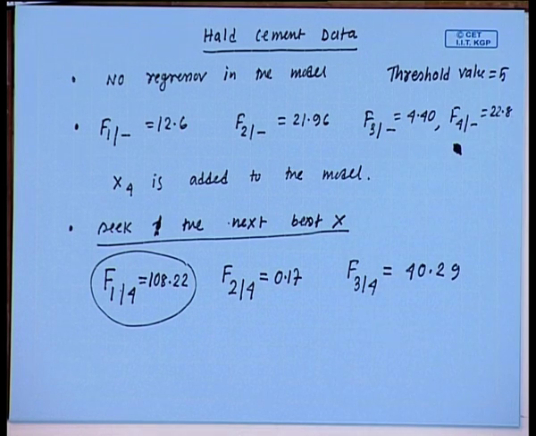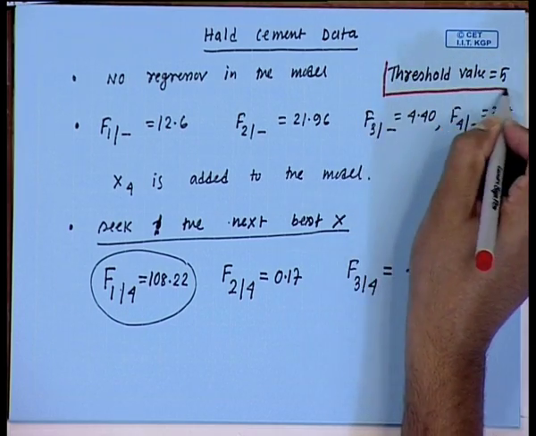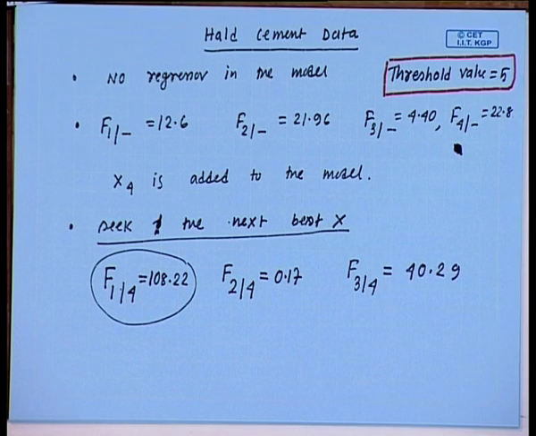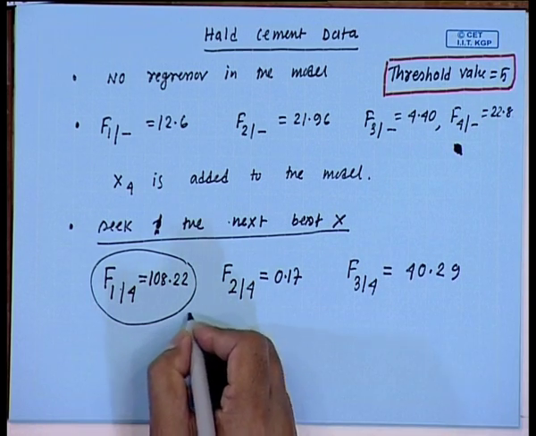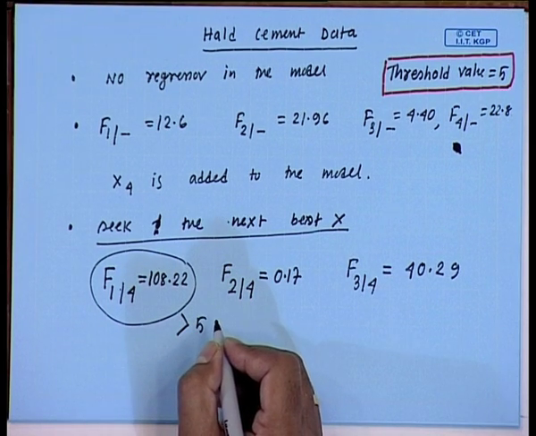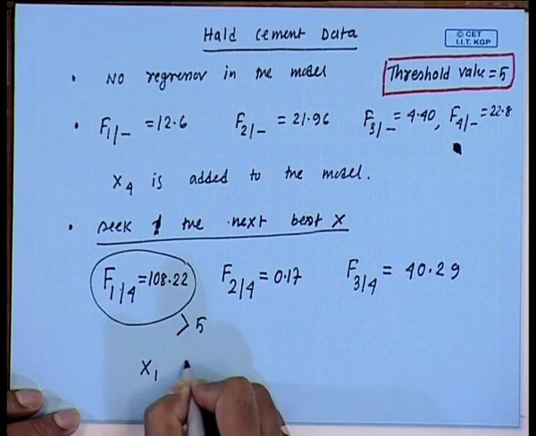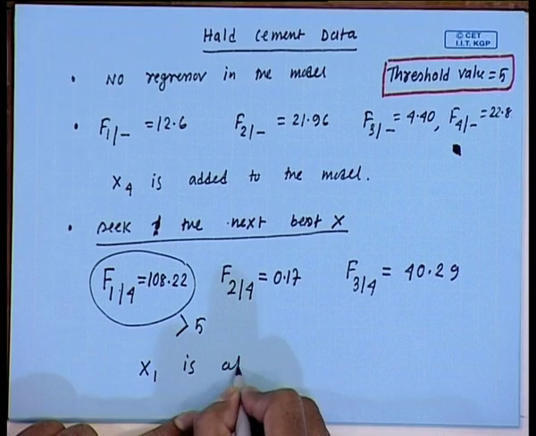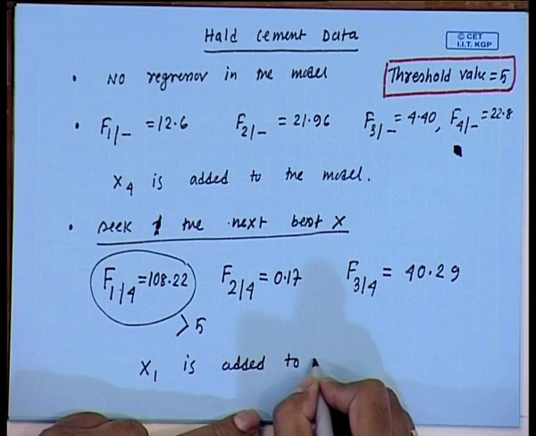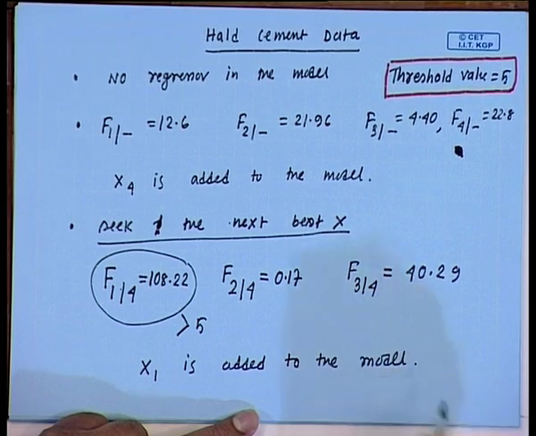We do not want to check the tabulated value every time, and since this is greater than the threshold value 5, x 1 is added to the model.